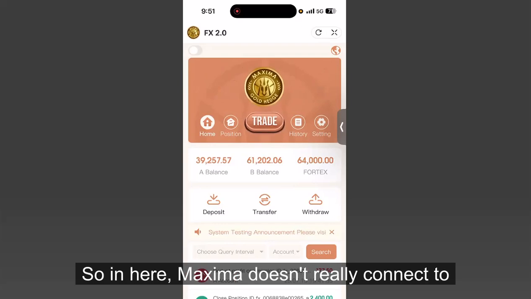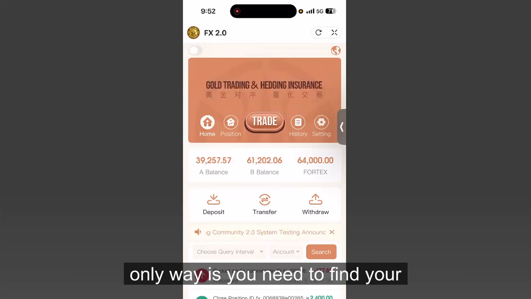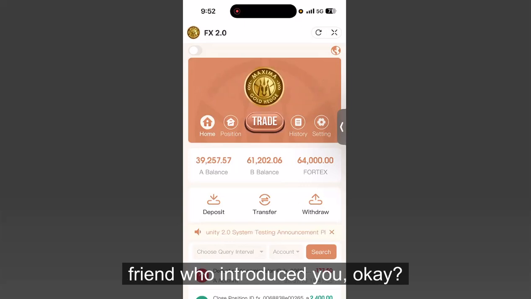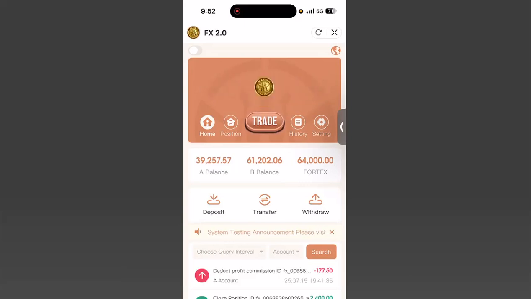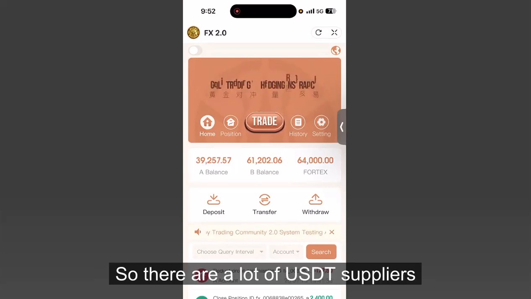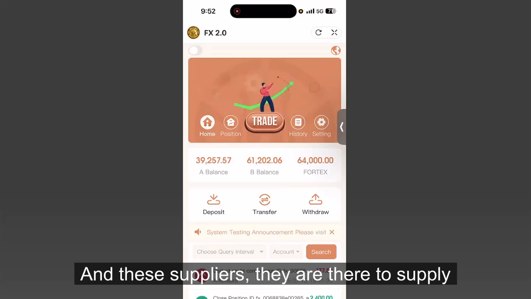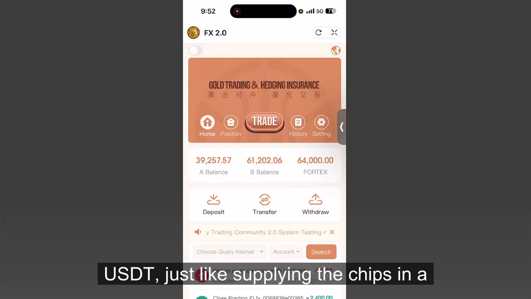So in here, Maxima doesn't really connect to any banks because we are using USDT. The only way is you need to find your friend who introduced you and ask him or her how to purchase USDT. There are a lot of USDT suppliers almost everywhere in the world. These suppliers are there to supply USDT, just like supplying the chips in the casino.